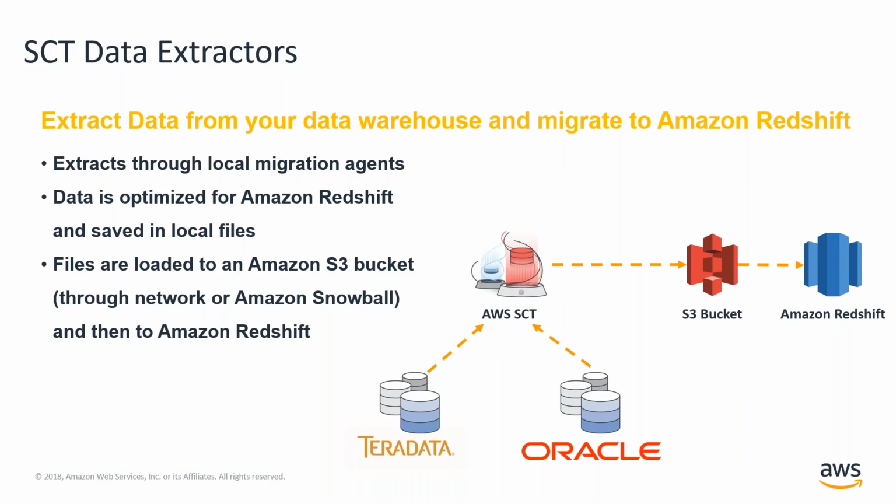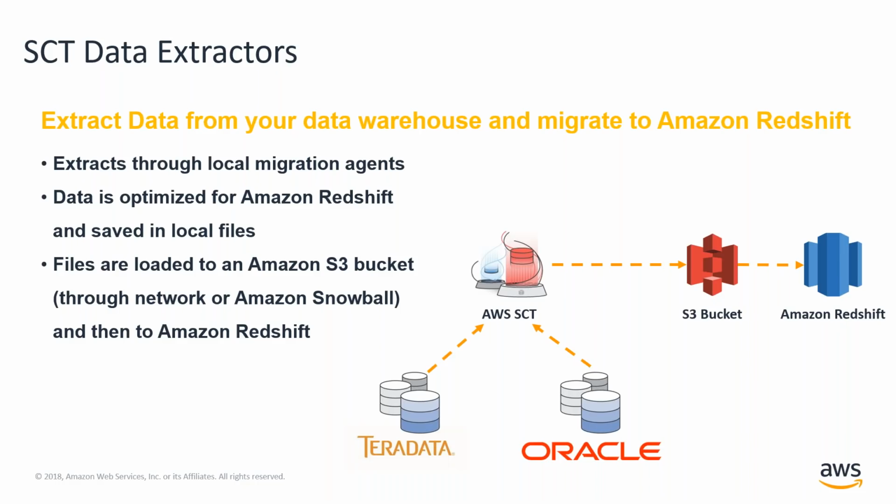And if for some reason, based on the size or complexity of the data, the database migration service doesn't work, but I want to unload hundreds or tens of terabytes of data and then take advantage of Amazon Snowball to move the data in bulk to S3, knowing that I can set up a number of extractors that simply provide the migration agents to unload the data becomes an important feature.